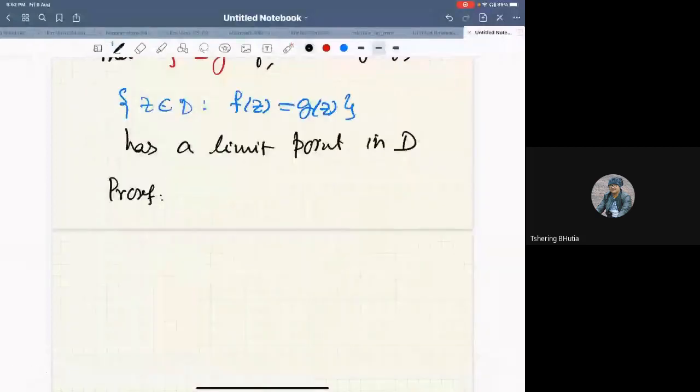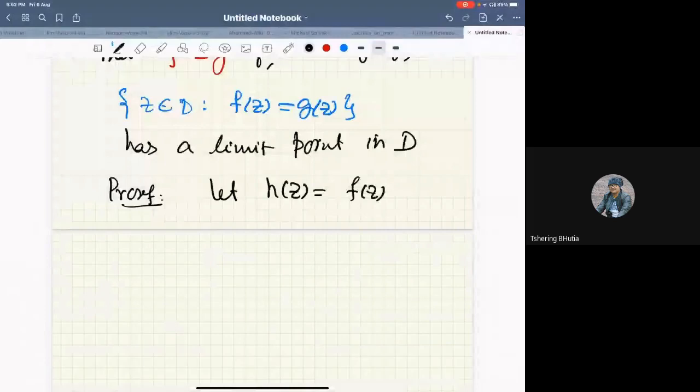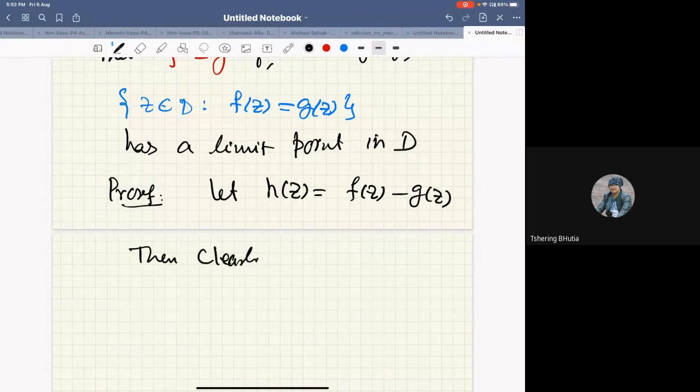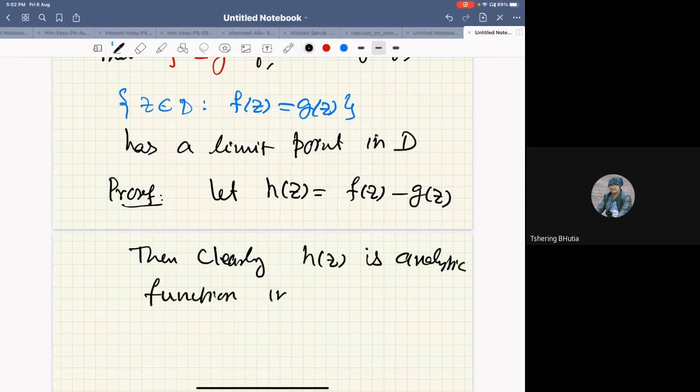Proof: let h of z equal f of z minus g of z. Then clearly h of z is an analytic function, since the difference of two analytic functions is analytic.